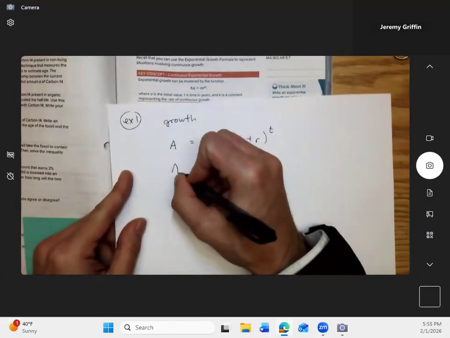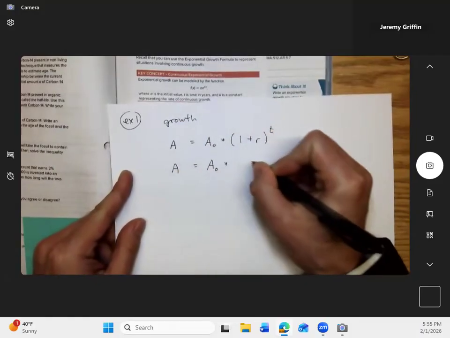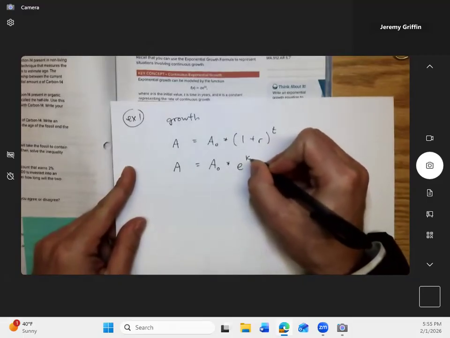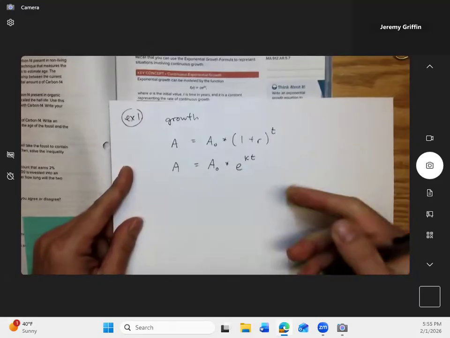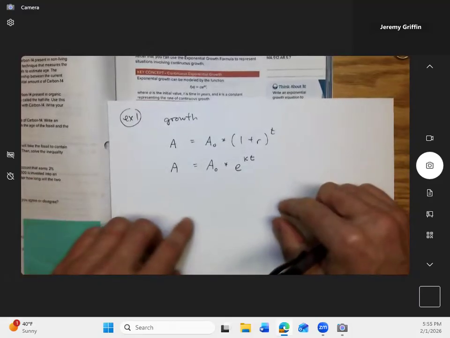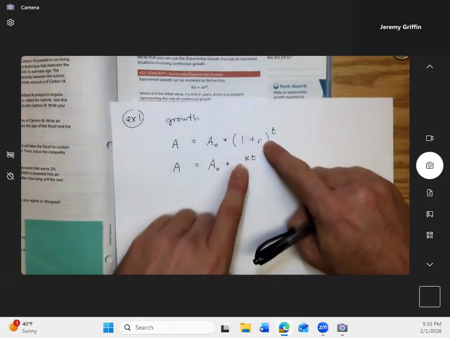Or you could have continuous growth, which would look more like this: A equals A naught times e to the kt, or rt. These are different models, but you could adjust them a little so they fit on top of each other. This r and this k might be slightly different values.